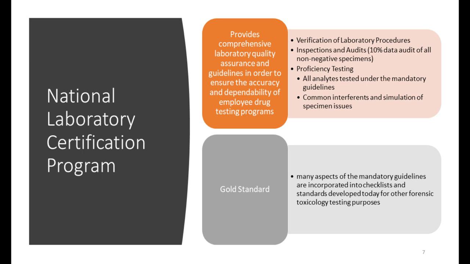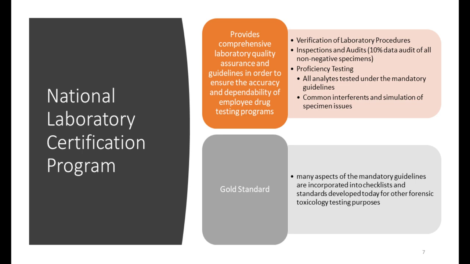This program provides comprehensive laboratory quality assurance and guidelines in order to ensure the accuracy and dependability of employee drug testing programs. It includes verification of laboratory procedures, inspections, and audits. 10% of all non-negative specimens that are tested each year by these accredited laboratories are audited.